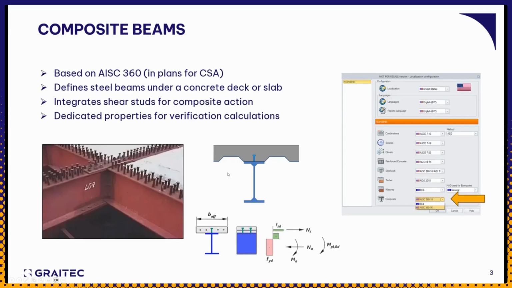We have the tools to define your studs or shear connectors, and Advanced Design will be able to calculate the resistances and give you the spacing, etc. As well, we have dedicated properties for verification and calculations, such as effective width, construction stages, etc. As you see here, when you start Advanced Design, you can select the composite design from here, and then you can select the code that you want to perform the design based on.